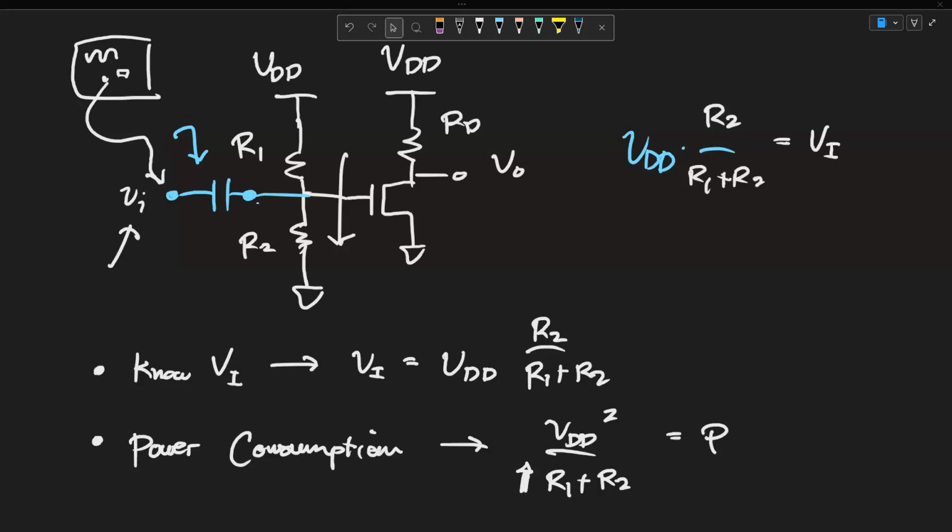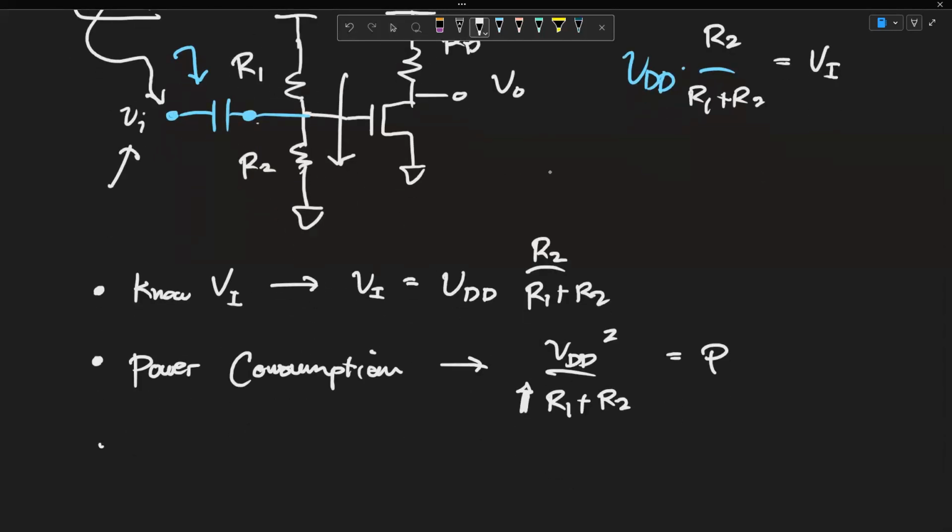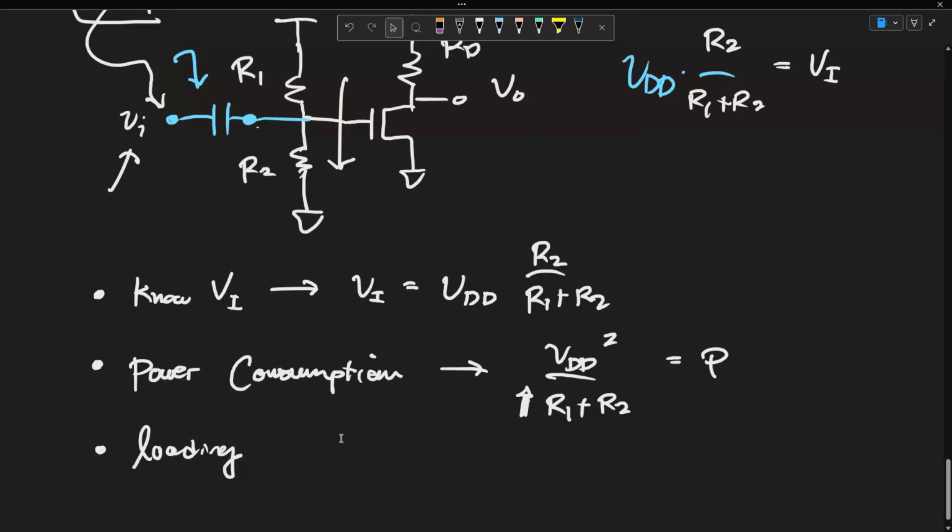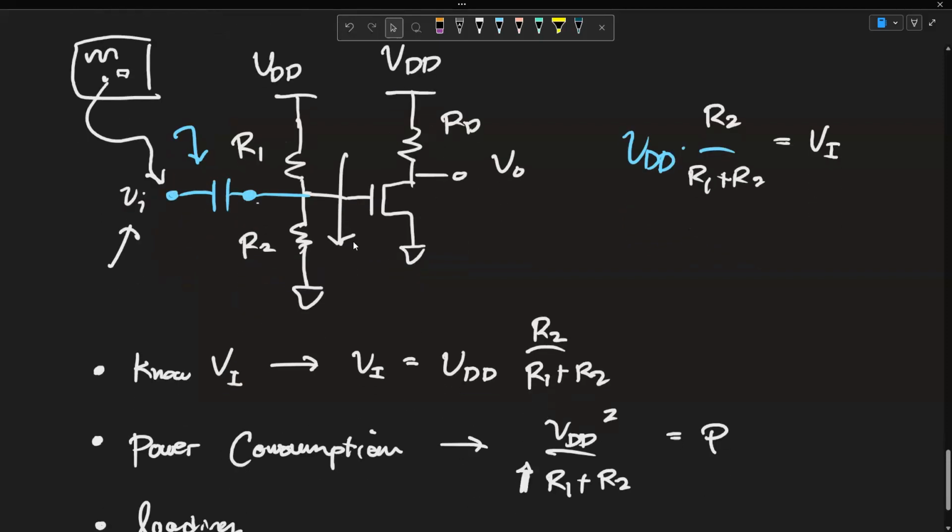In topic 6, after the midterms, is when you'll realize why we also don't want these to be too high. Those are problems with loading. Anyway, those are the considerations for a voltage divider biasing circuit.